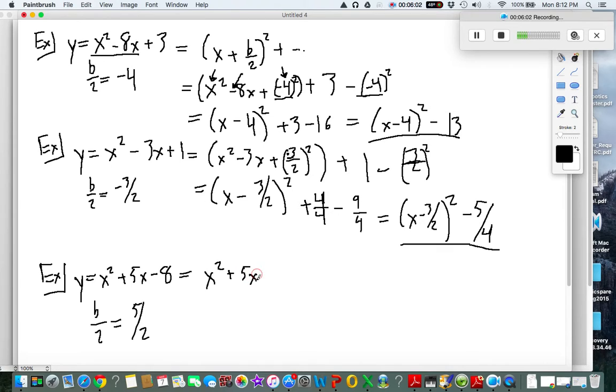I'm going to get those set up. I'm going to be adding something here on the inside, and to compensate for whatever I added, I'm going to subtract it out here. This number, if it's half of whatever your middle term was, squared, will always give me a perfectly square trinomial.